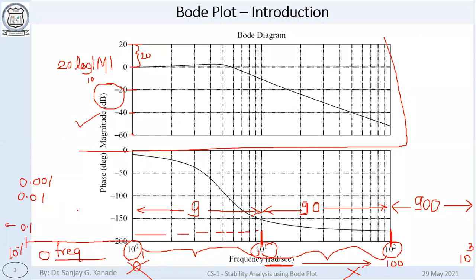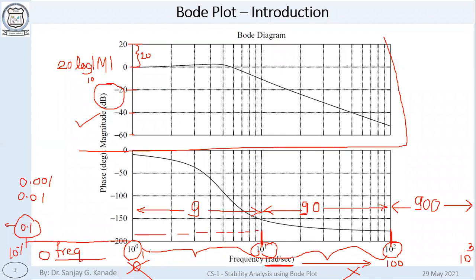Generally, typically we start with either 1 or 0.1 depending on the specification of the system. If the system is a low pass filter, where we want to see its response for very low frequencies, then only we will go for lower frequencies on the x-axis.